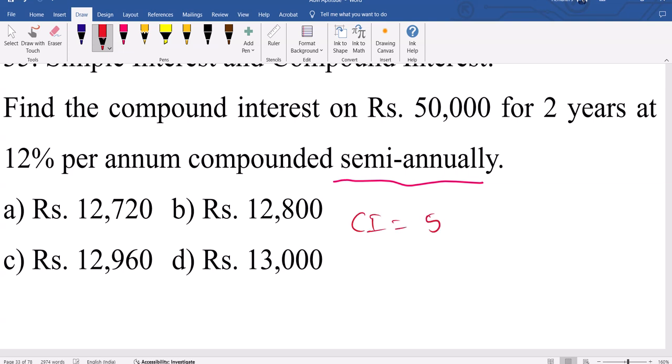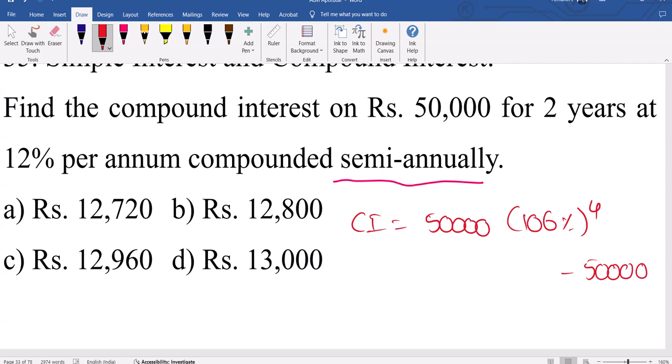If calculator is allowed, easily you can go like 50,000 into 106% whole power 4 minus 50,000. Why 106% here? 12% is interest for 1 year. For half year, 6%. Whole power 4 because 4 half yearlies.